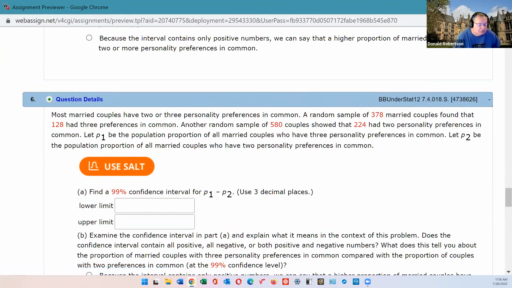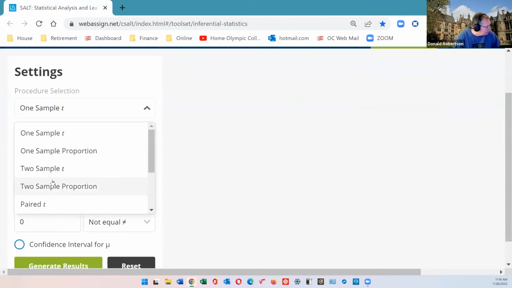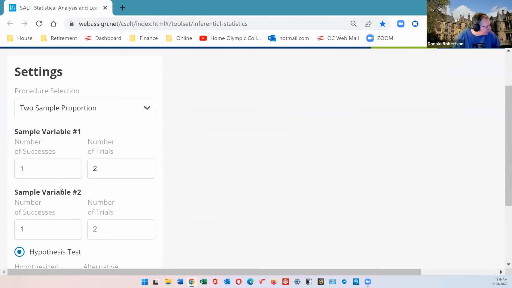So I've got Salt already set up here. Here we go. Two sample proportion, and the first group, there's 128 out of 378.